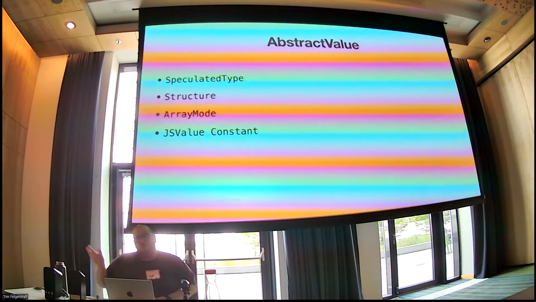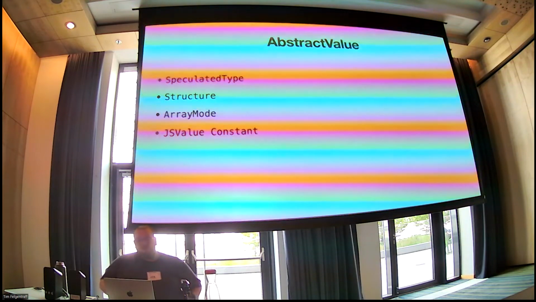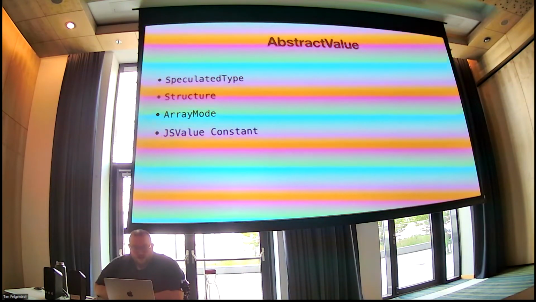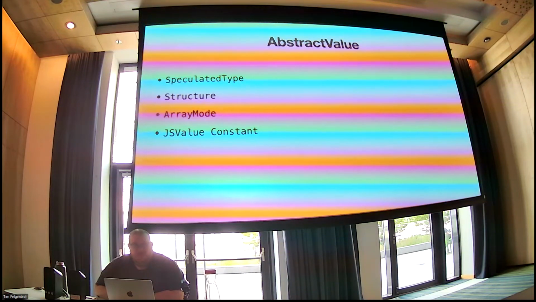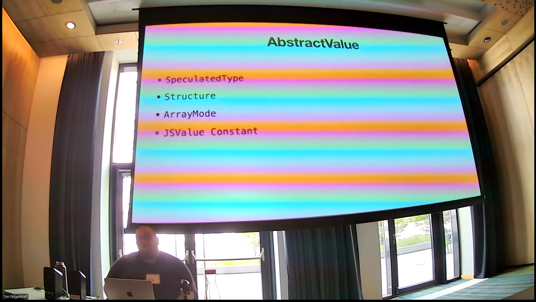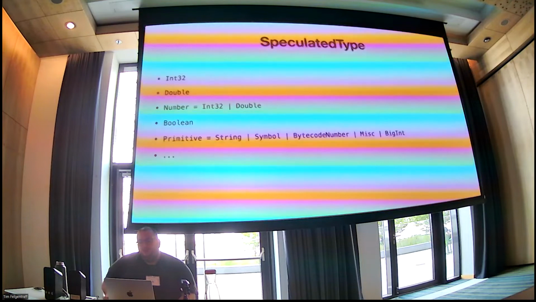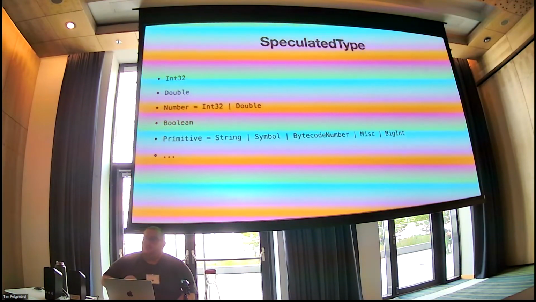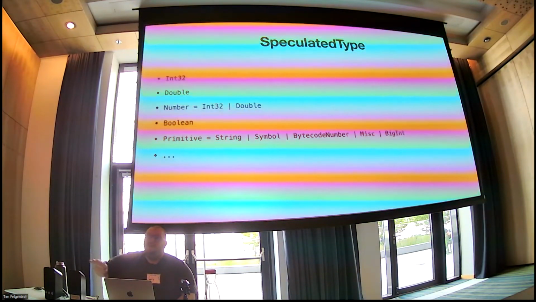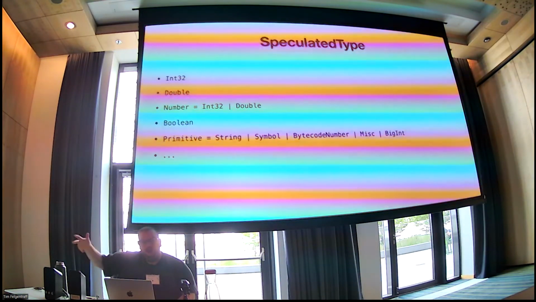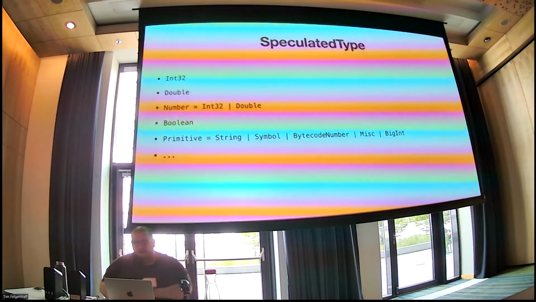So if you do a function call, you might mutate someone's structure. And then we also keep track of this speculated type field. This is a notion of type that is immutable. So this might tell you if you're an int32 or a double, and no effect that happens in the program can change that something is an int32.